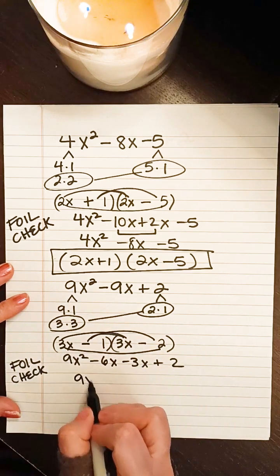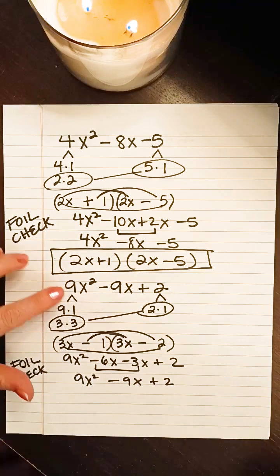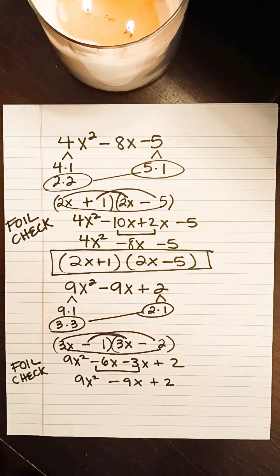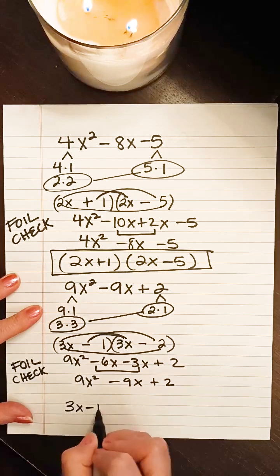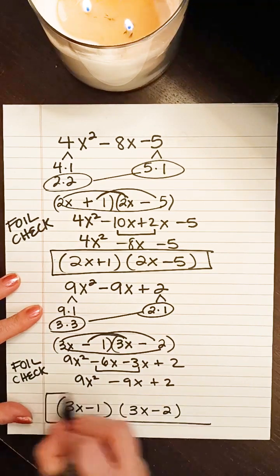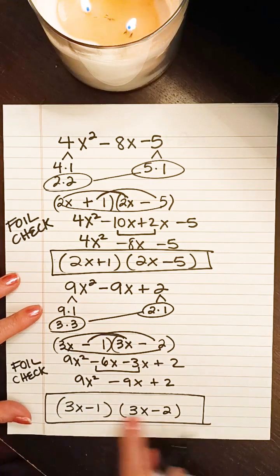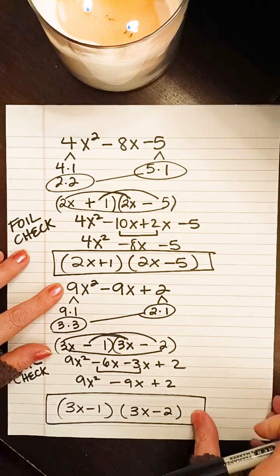And so we get 9x squared minus 9x plus 2, which is our original quadratic. So if we FOIL and we get our original quadratic, then that means we factored the quadratic correctly. So these two are the factors of this trinomial.